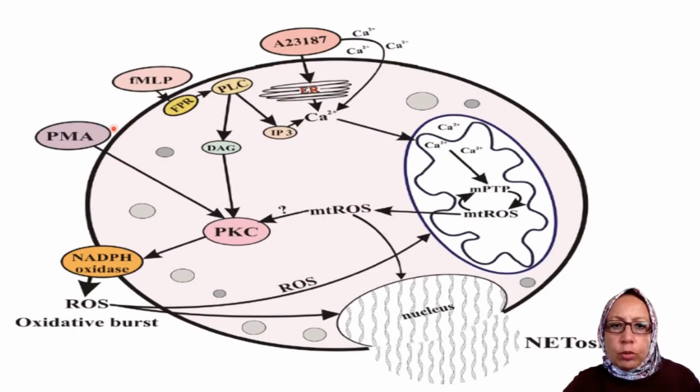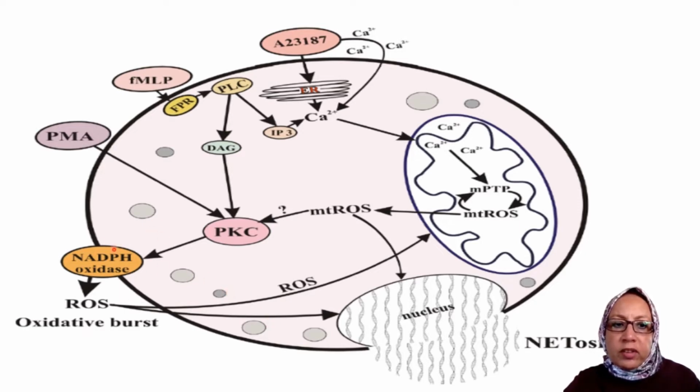Here is a diagram to show in detail the process of NETosis, which depends mainly on the production of reactive oxygen species, or what's called oxidative bursts, that come from activation of the NADPH oxidase enzyme. And these reactive oxygen species will affect the nucleus to cause chromatin decondensation and release of chromatin, and also will destruct the granules inside the neutrophils.